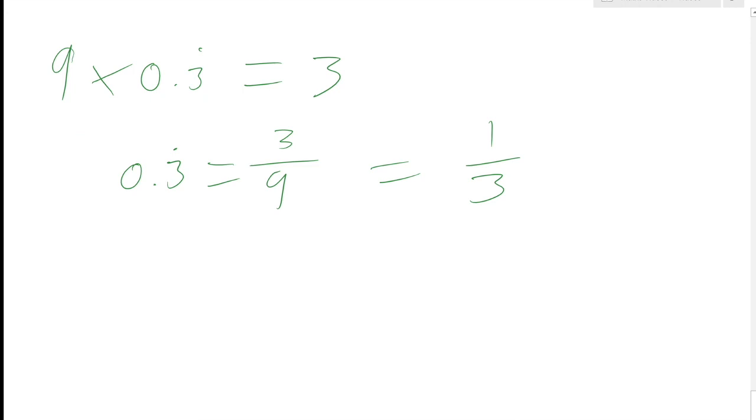And we can do that for any decimals. The trick is we multiply by 10 to the n, where n is the length of the repeating period.